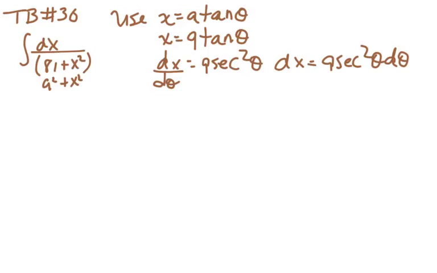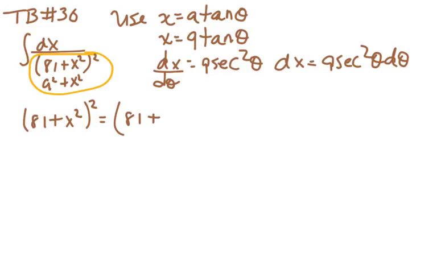So I'm going to pull the algebra aside and work on this denominator, trying to be able to substitute here. So pulling that algebra aside, I'm going to look at 81 plus x squared. Oh, I apologize, this is another square outside here. Okay, so let's go about and make the substitution for x, and I get 81 plus 9 tangent of theta squared, and then we're going to square that.